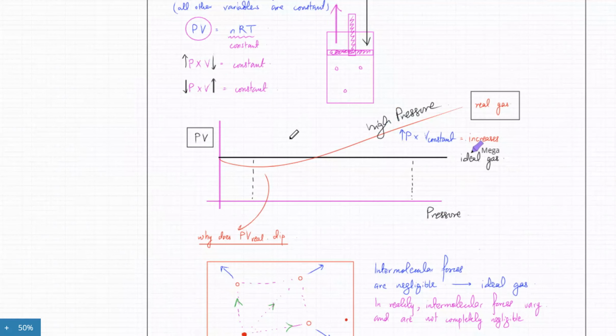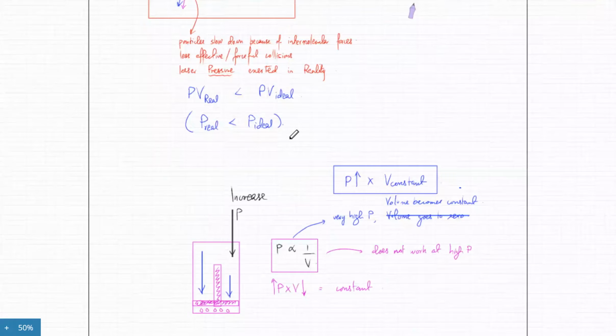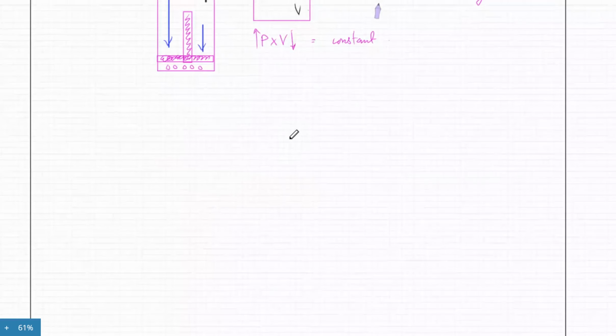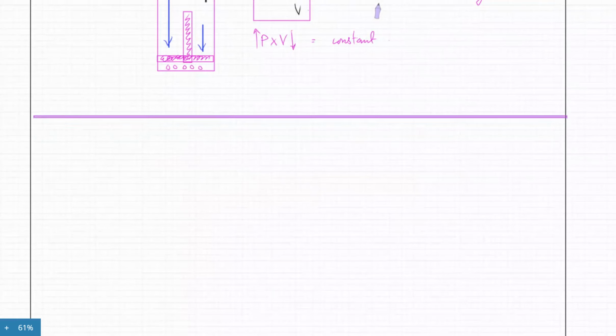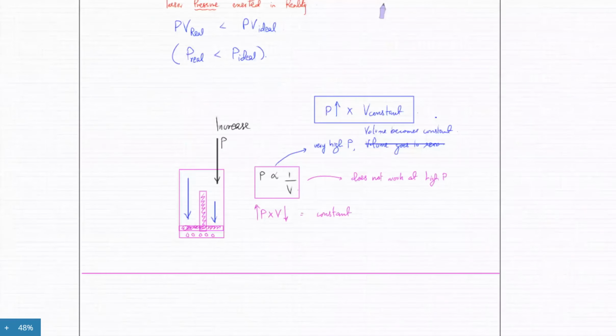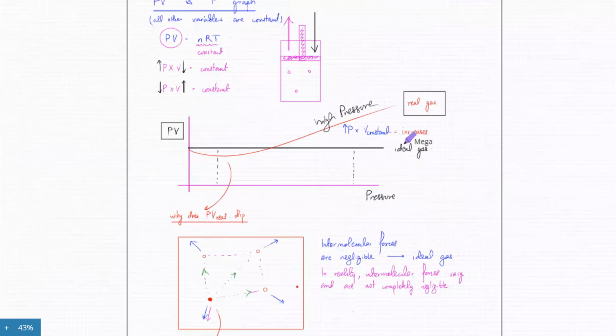So the next thing that we're going to talk about is non-ideal gas. Okay, we're going to talk about non-ideal gas now. And I'm going to focus on this graph.